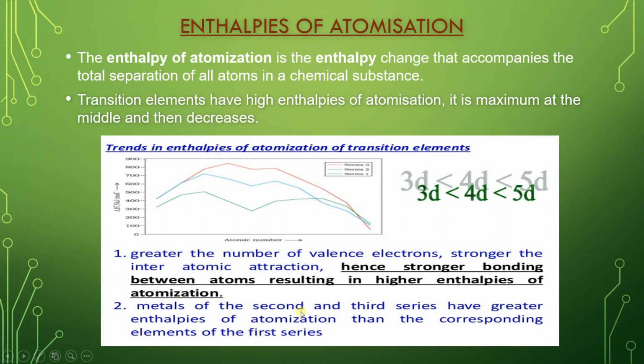Metals of the second and third series have greater enthalpies of atomization than the corresponding elements of the first series. So when compared to the 3d series, the 4d and 5d series have higher enthalpies of atomization. Therefore, 3d is less than 4d, and 4d is less than 5d. This is the order.